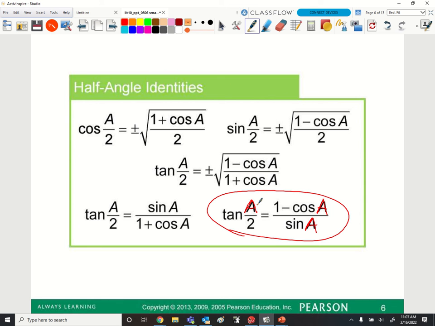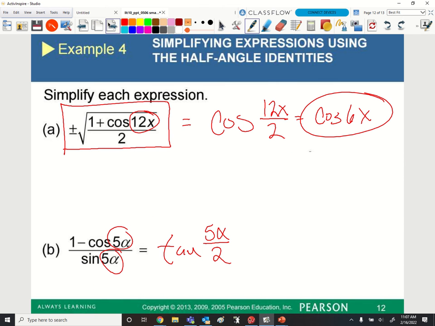So I just took these over here from the right-hand side and moved it to the left. I just had to write this out. Tangent of whatever my A value was. In my problem, my A value was 5 alpha, wasn't it? And then still over 2. And since this one does not reduce or simplify, I just leave it alone. Does that make sense?